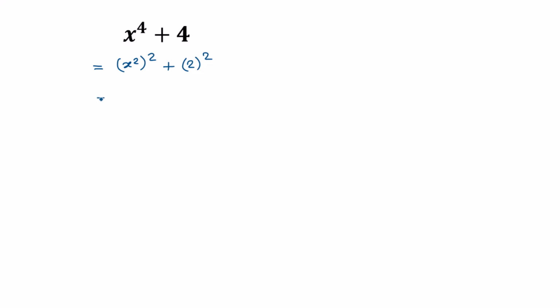Now applying the formula, a square plus b square is equal to a plus b whole square minus twice ab.